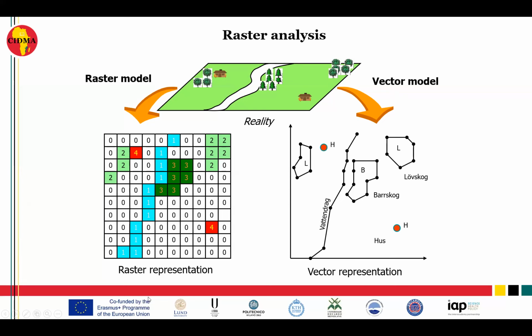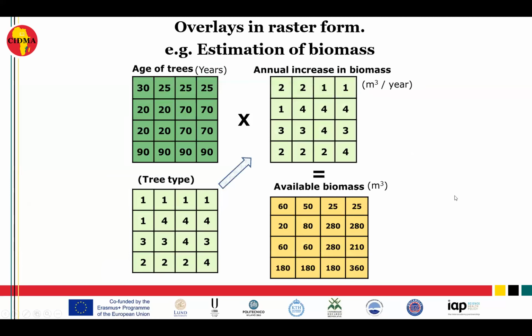But this can be represented in raster form as well, where we have an ID number for that pixel that tells us that this cell has deciduous forest inside it. So we will come back to raster, but we can see that we can also multiply and do operations on raster data in order to get out a result.